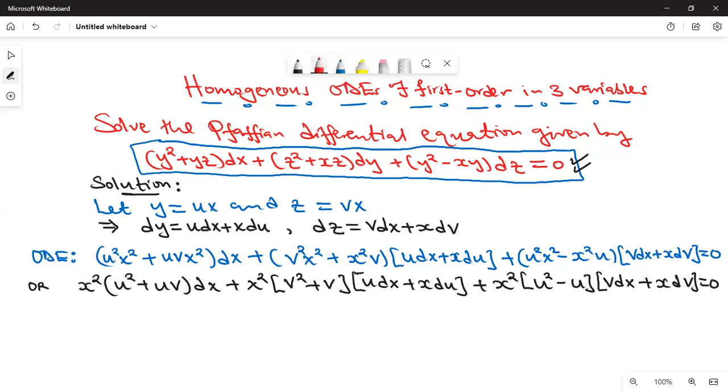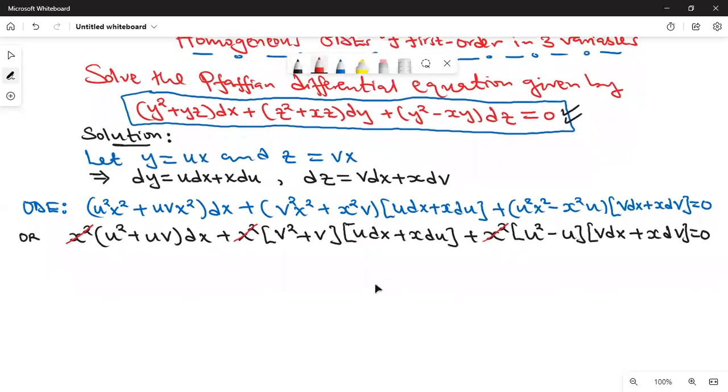The x squared is common, so it will cancel, or simply you divide the entire equation by x squared.